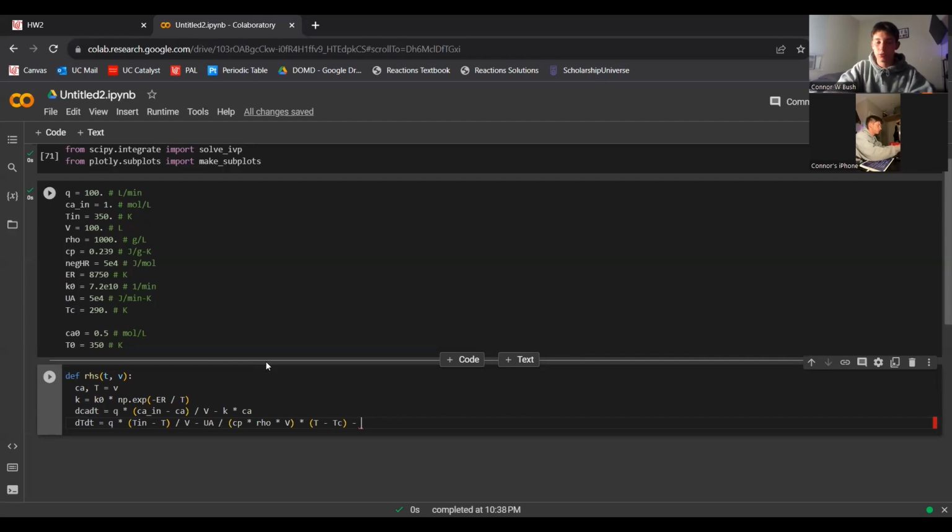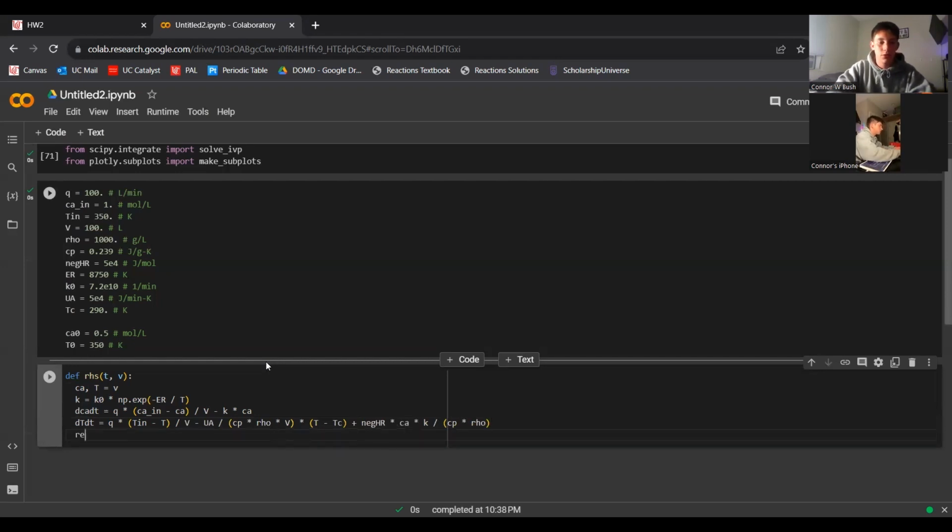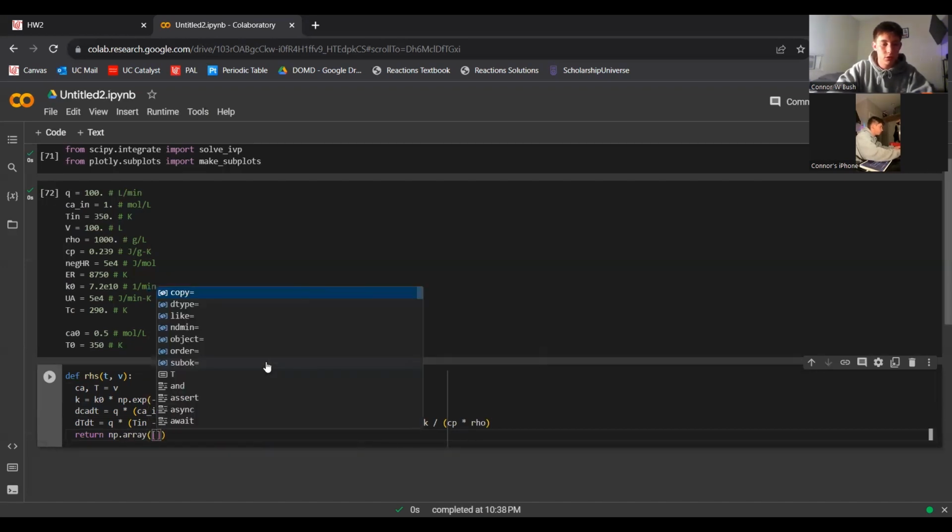And then finally, we're adding the enthalpy term, because we're given the heat of reaction in terms of negative. So we're going to do negative HR times our concentration times rate constant divided by heat capacity multiplied by density rho. So that should be all of that, and then we're going to return an array of these two.